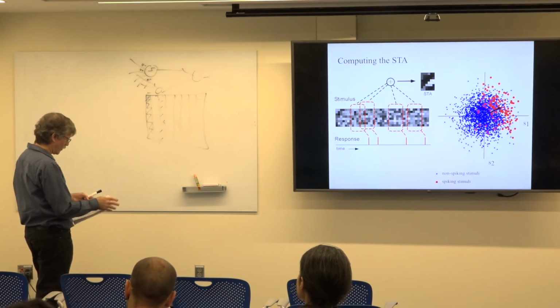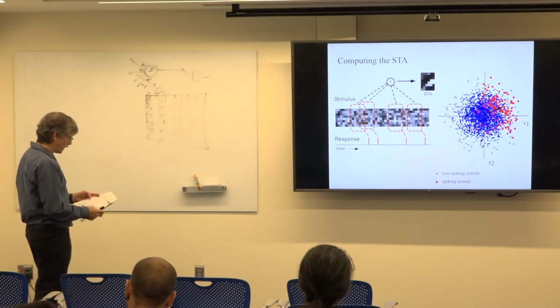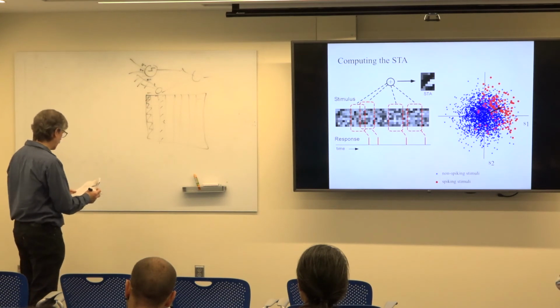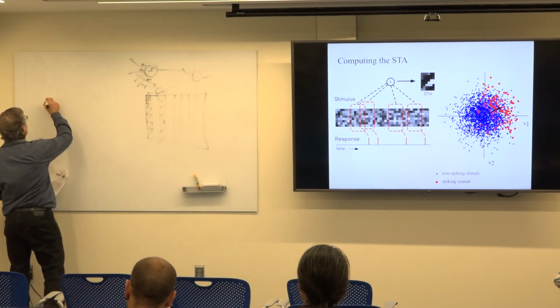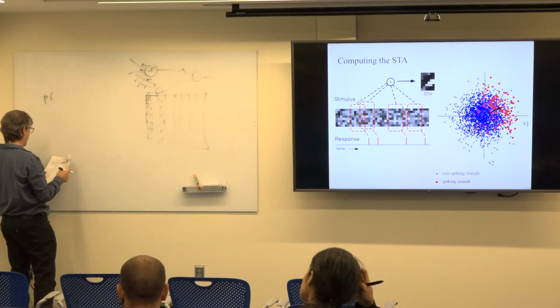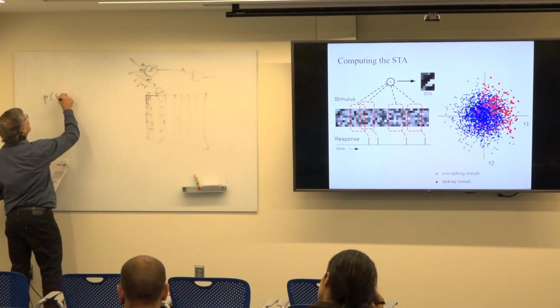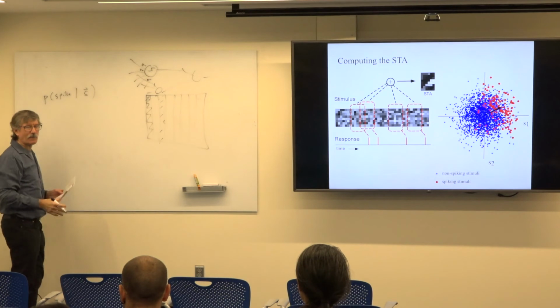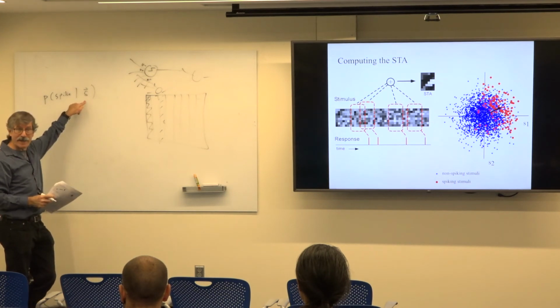To do max likelihood, I want to know something about, first of all, the probability of a spike given a particular stimulus on the screen, where the stimulus is a vector instead of a 6x8 thing.